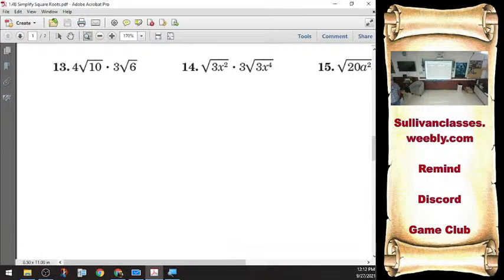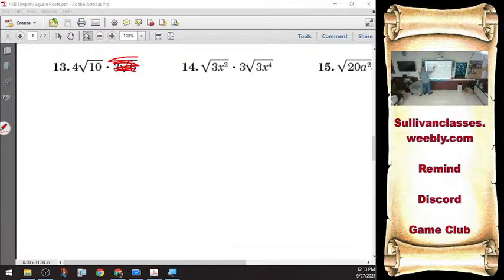We said that a square root, radical land, is like mathematical Vegas. What happens in radical land stays in radical land. But also what is outside of radical land stays outside. Everything we've been doing so far says simplify them.